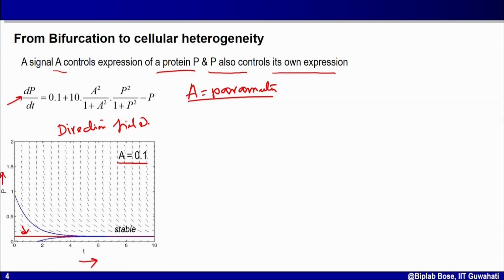The steady state value may be around 0.1 something, and it is stable because if I start from, suppose, here, I collapse with time, follow this trajectory and collapse at the steady state. If I start from a lower value, then also I move up and reach that steady state. So from both sides I am reaching towards the steady state, so obviously this is a stable steady state. But notice the value of P is very low, very close to 0, around 0.1.